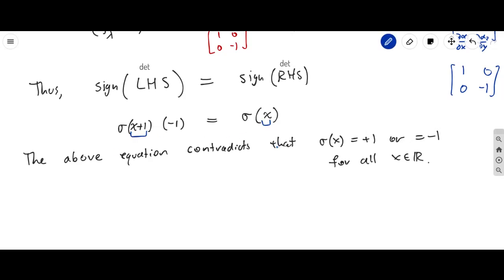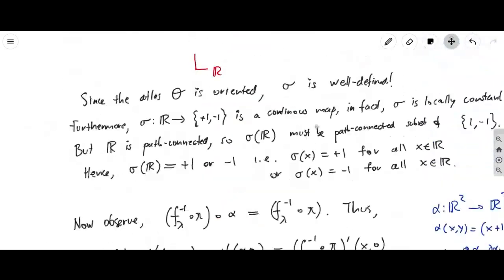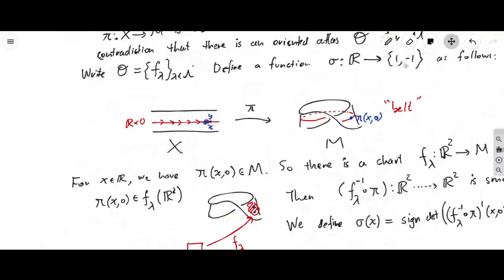And that actually is consistent with our intuition of why the Mobius band is not orientable. Because what's the intuition? The intuition is that if we do a full complete revolution, we end up on the other side. But how do we do a full complete revolution? We get the full complete revolution by shifting 1 over. So if we were to shift everything over by 1, as we move from x to x plus 1, we're moving around this belt, but we make 1 complete revolution, and we're back to where we started.